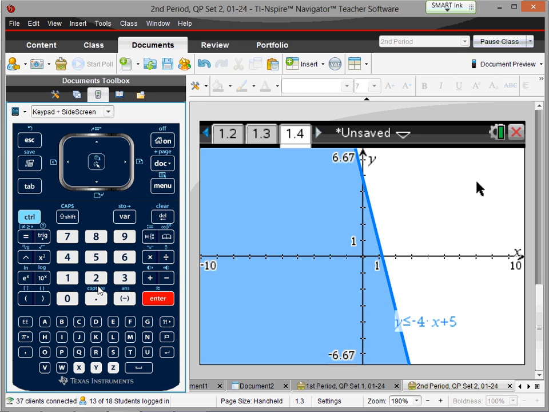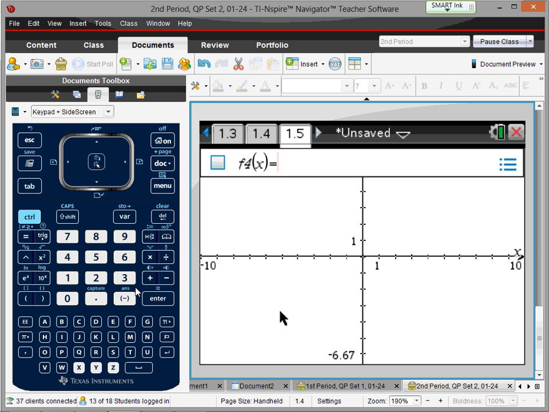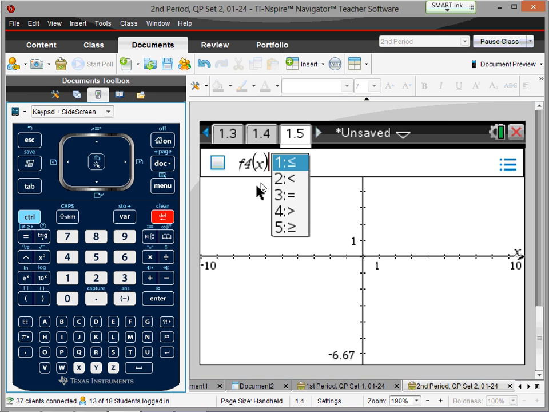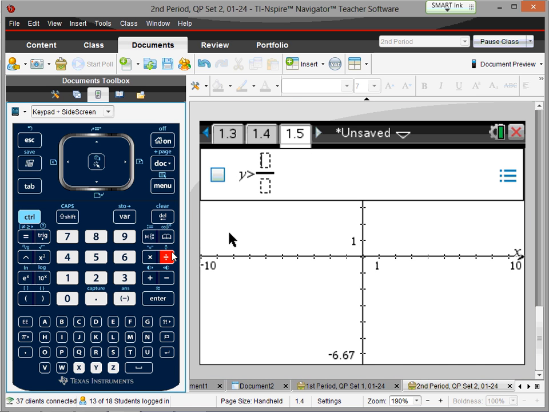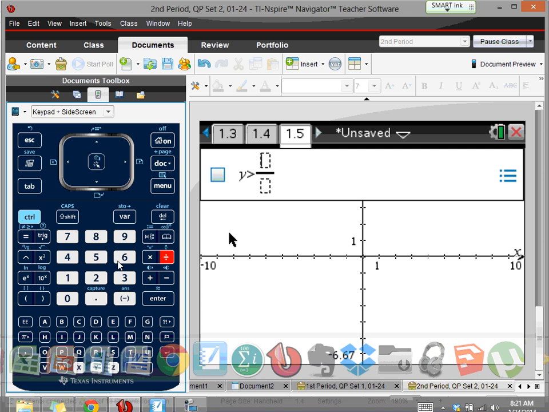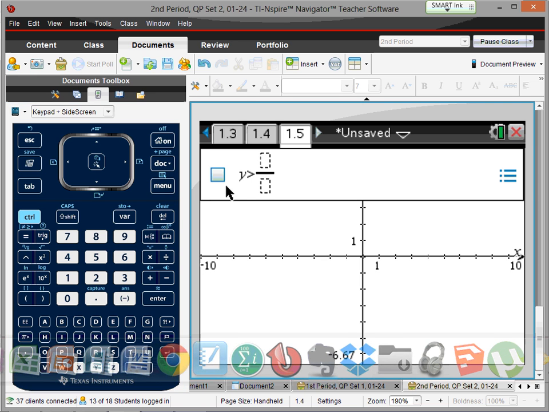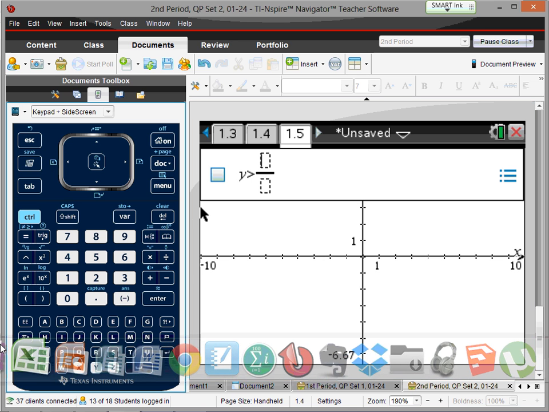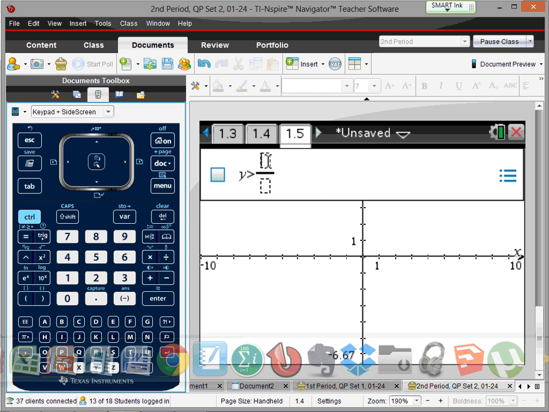What was the other line? Oh, you did it like that, huh? It's greater than, right? So wait, should we have a dotted or a solid line? Dotted. Cool. Take a look. I already forgot. X plus 18 over negative 3. Computer, please help.